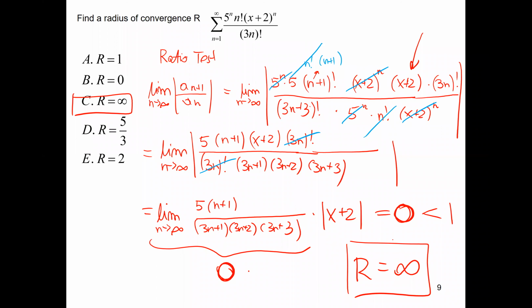It's actually kind of opposite. If you're getting infinity, then the radius is 0. You may remember it this way. But 0 means that it's convergent always, which means the radius is infinity. Good? Really good example.